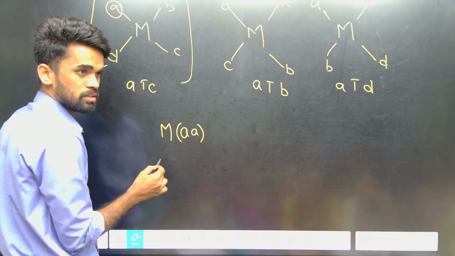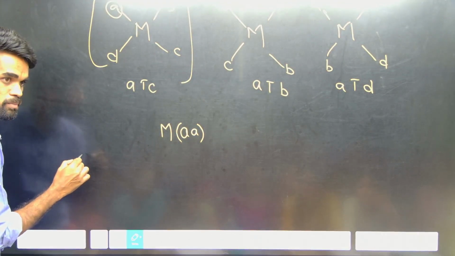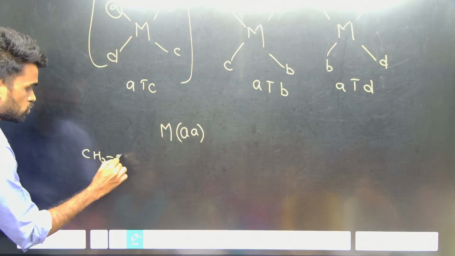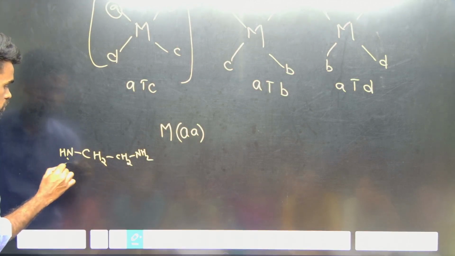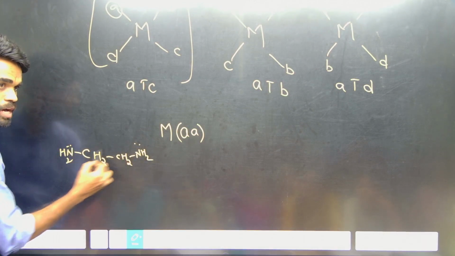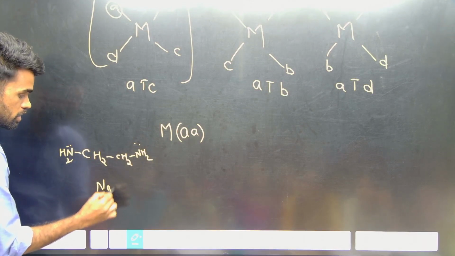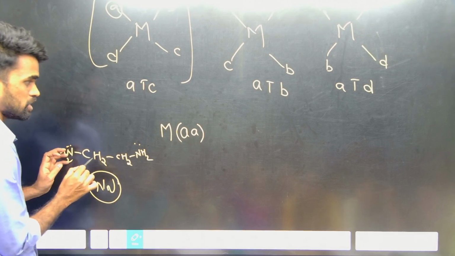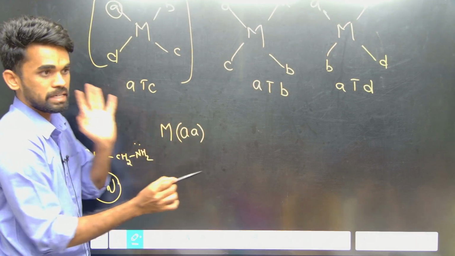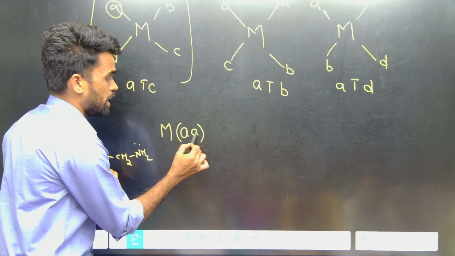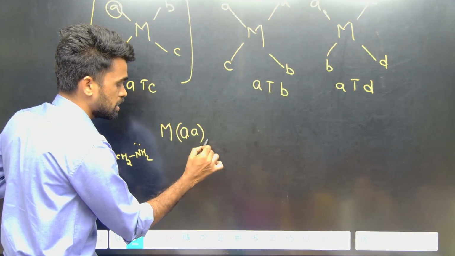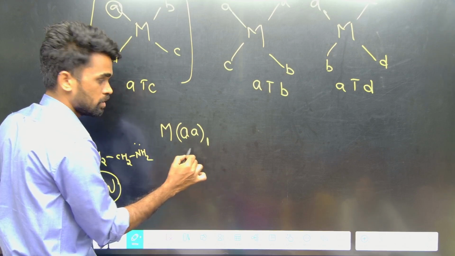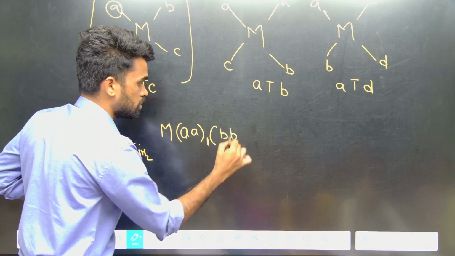AA means what? Like ethylene diamine, do you remember? What is the structure? CH2, CH2, NH2, NH2. Now what are the two donor sites here? N and N donor, no? It means simply I am mentioning AA means it's a bidentate ligand. So AA means both donor sites are the same. So I am taking this as one ligand and one more ligand as BB.